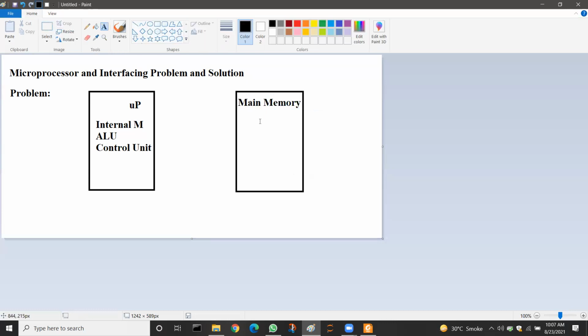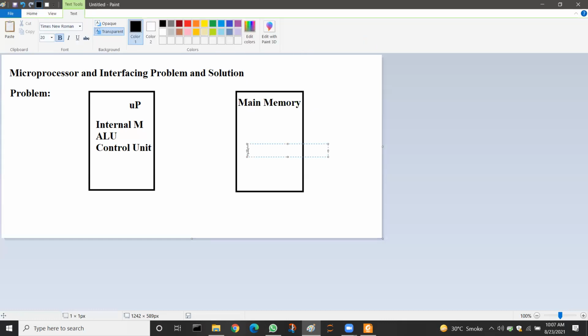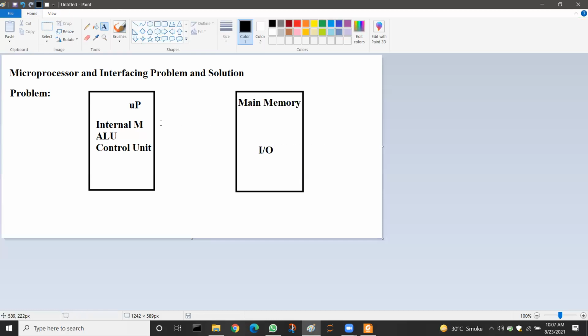In addition to interacting with the main memory, there is also a requirement to interact with the input and output devices. So I/O is also an area in which we need to make an arrangement so that these two systems can communicate with each other.